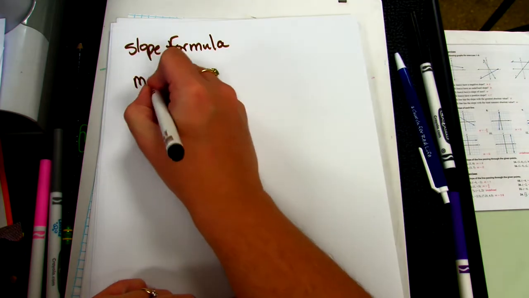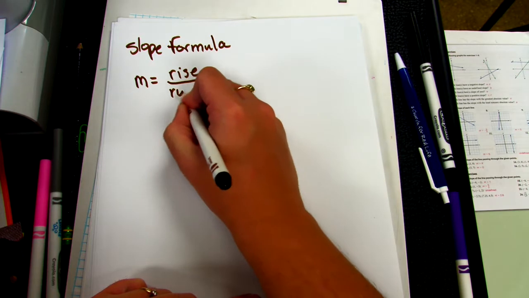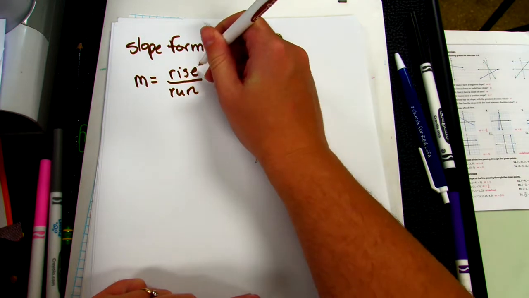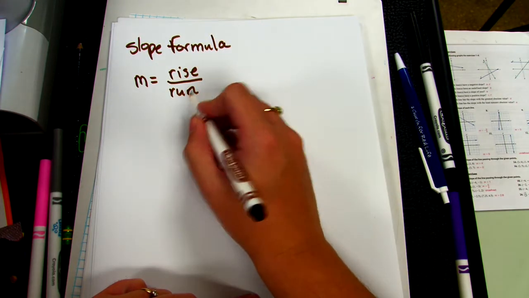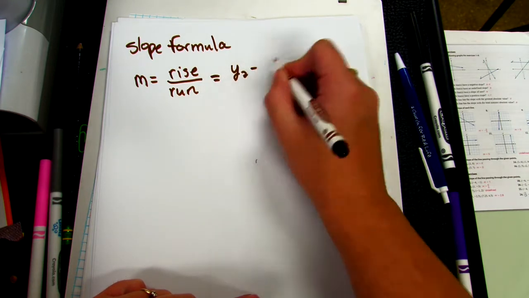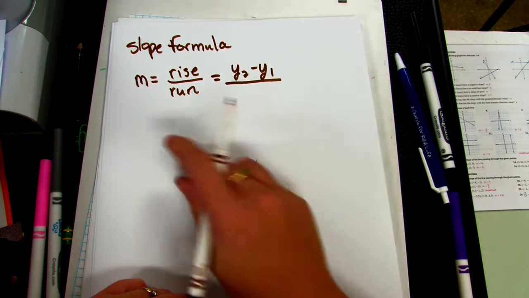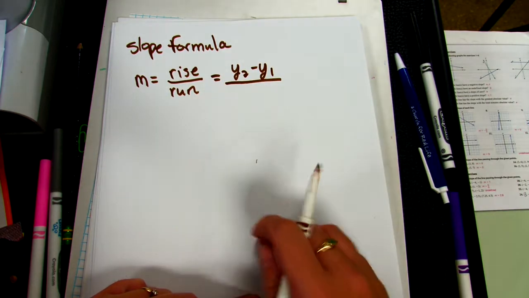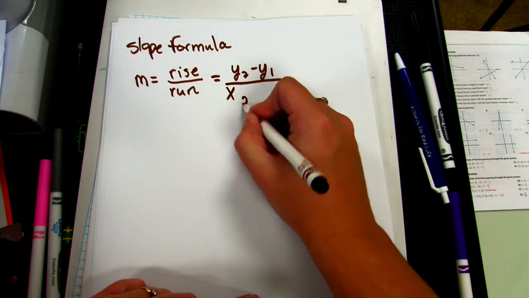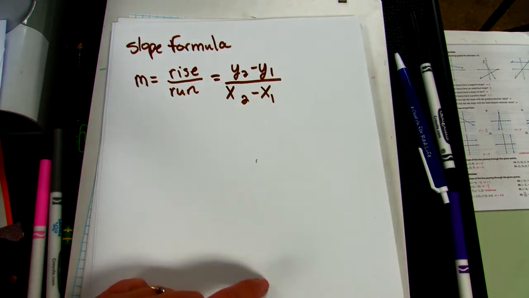So m, which stands for slope, is equal to the rise over run. Remember, rise is change in vertical, run is change in horizontal. Your rise is the difference between your y coordinates, so y2 minus y1. Your run is the difference between your x coordinates, so x2 minus x1. So that is your slope formula.